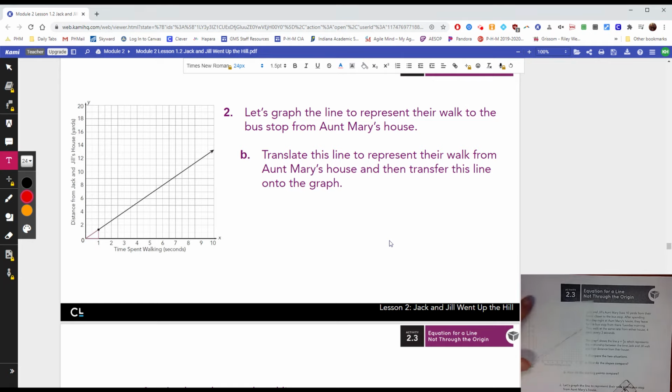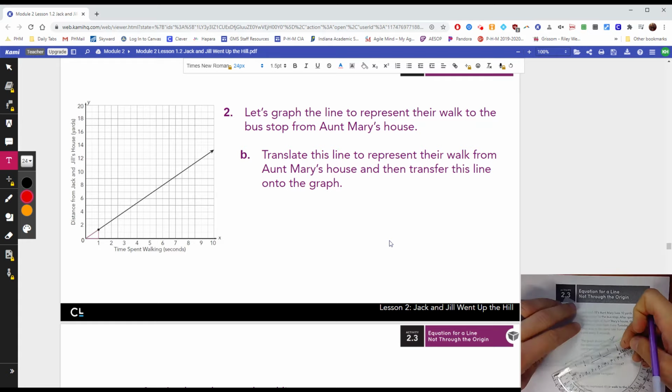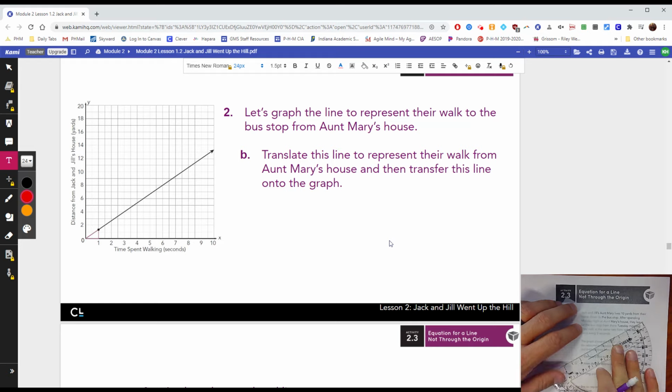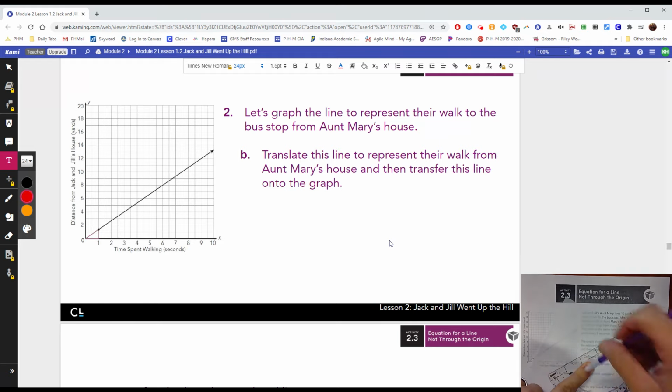So before I do that translation, I'm going to flip my patty paper over and copy it to the back so that I can transfer it over. Just tracing this on the back so it will transfer over.